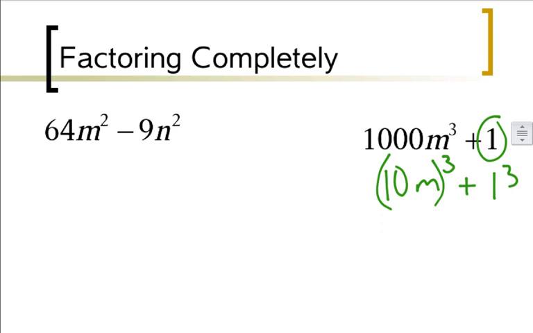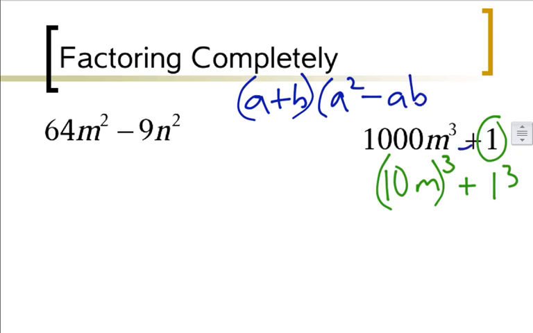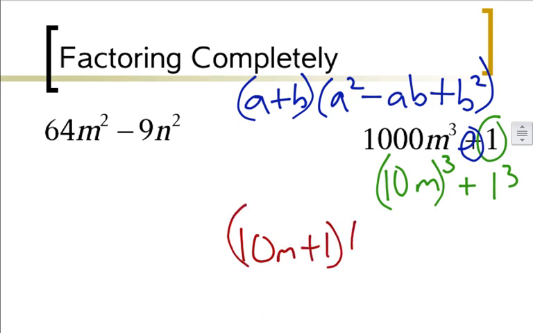And so I have to think back to my sum of cubes formula, which is a plus b times a squared minus ab, because this is a plus, it's the opposite sign, plus b squared. So the a is my first number, the b is the second number, so I just rewrite this to be 10m plus 1 times 10m squared minus 1 times 10m, which is just 10m, and then plus b squared, which is my 1. 1 squared is 1.